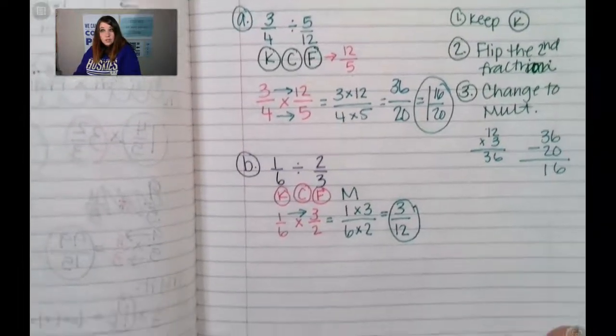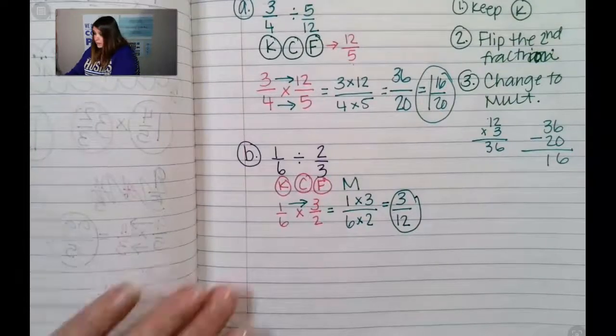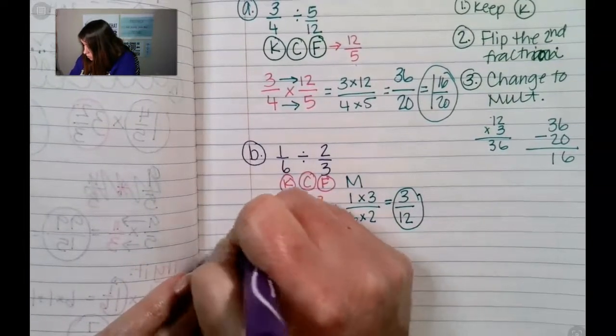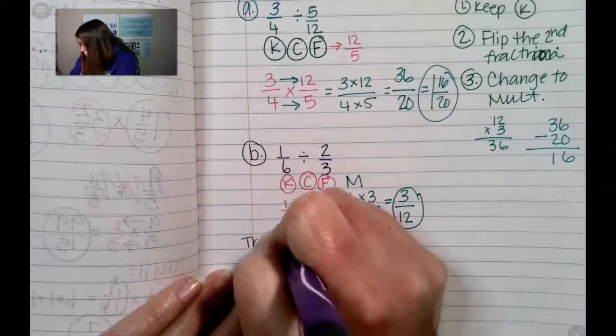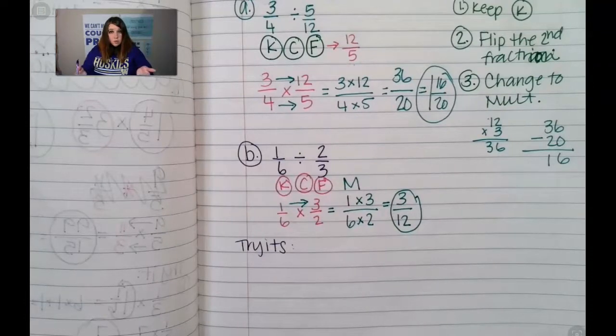Okay, it's your turn. I want you to do 2 practice problems for me. So you're going to do 2 try-its, and make sure that you pause the video after you get these written down, so that way you don't hear me solving them for you.